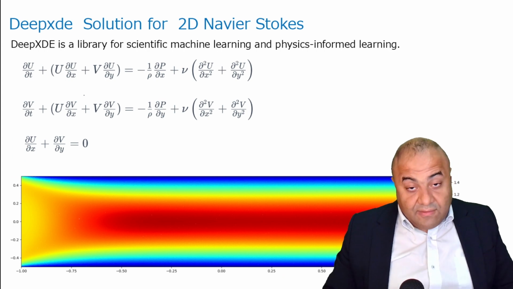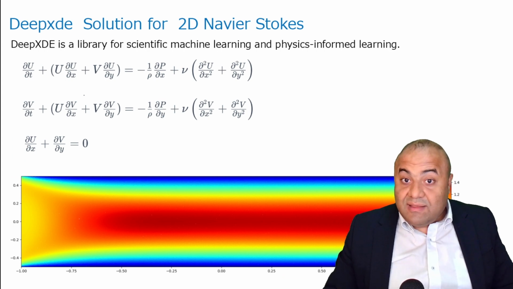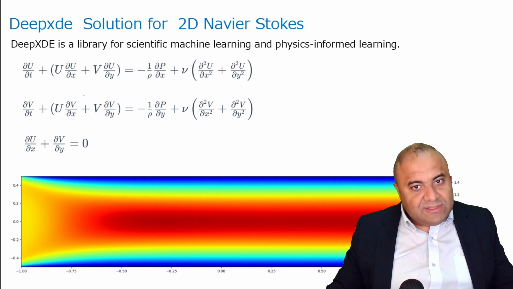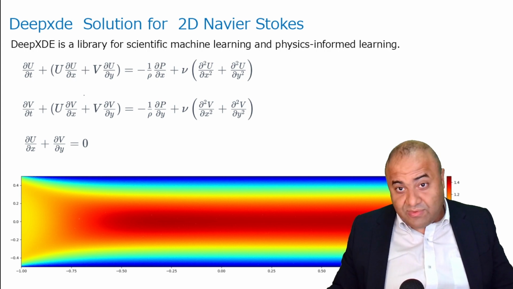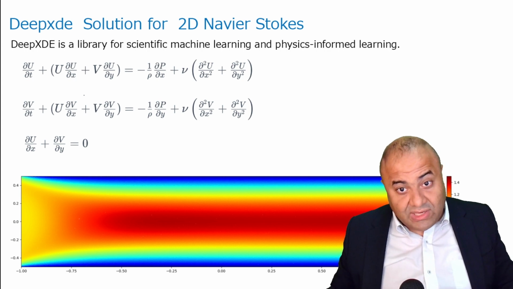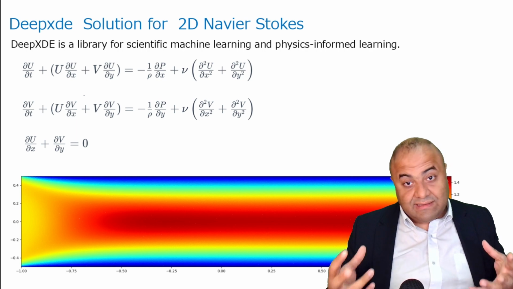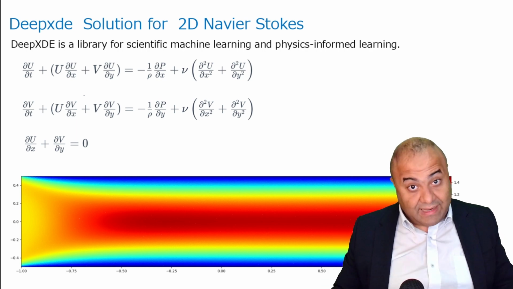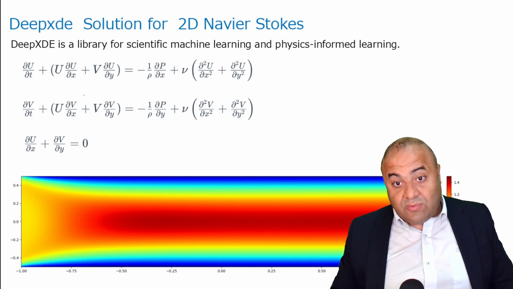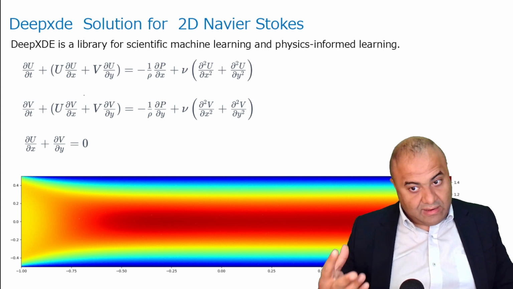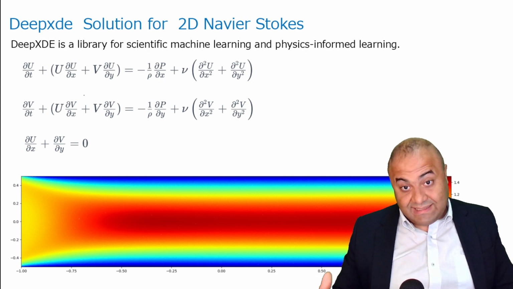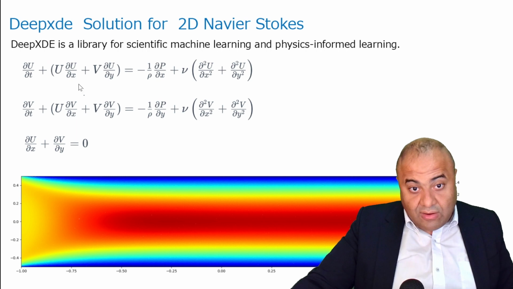Now we get familiar and we get stronger with PINNs. Why don't we solve the Navier-Stokes equations? I'm sure many of you like the Navier-Stokes equations, which are used to model fluid dynamics. In our case, what we are going to solve is the steady state Navier-Stokes equations. However, in these equations I'm putting on this slide, we have time.